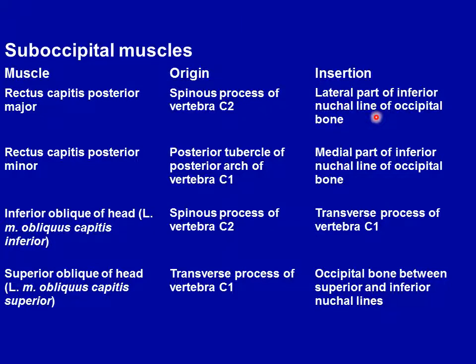If you see the occipital bone, there are nuchal lines: the superior, inferior and the highest nuchal line. So this muscle originates from the spinous process of the axis vertebra and is inserted into the inferior nuchal line of the occipital bone. That is the rectus capitis posterior major.